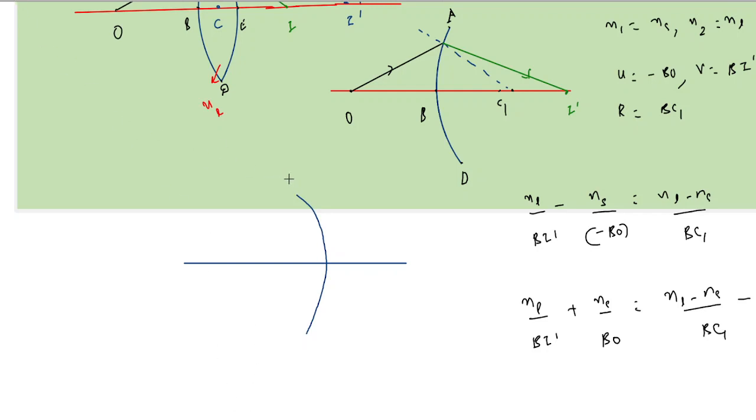This is point A, this is point E, this is point D. The light ray from the first surface was tending to go towards point I dash here.